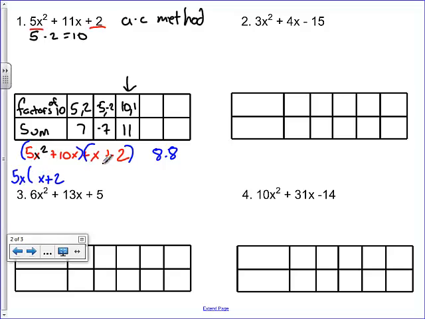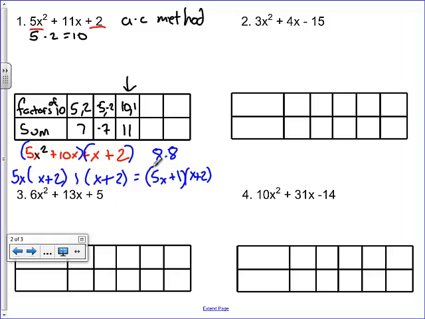And over here there's no common factor, so we can factor out a 1, leaving x plus 2. Which means my final answer is 5x plus 1 and x plus 2.